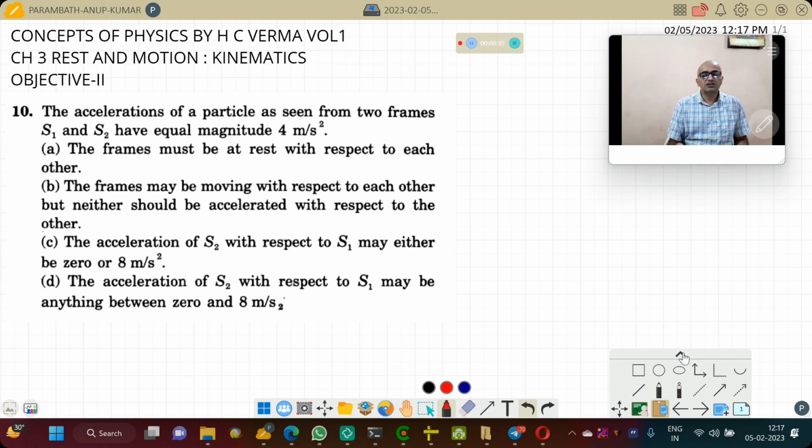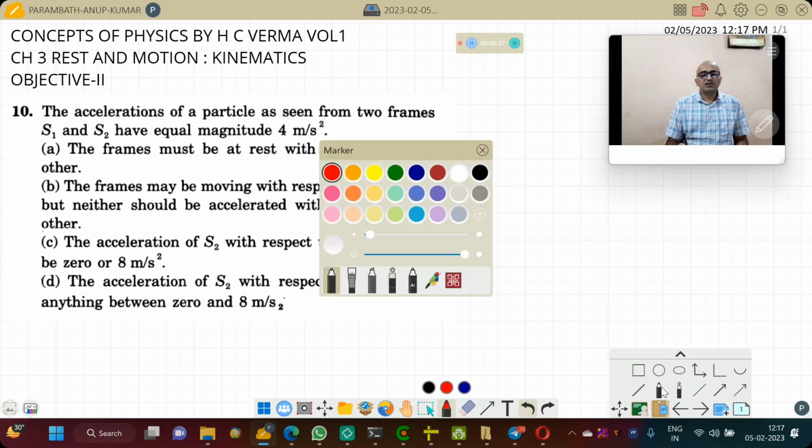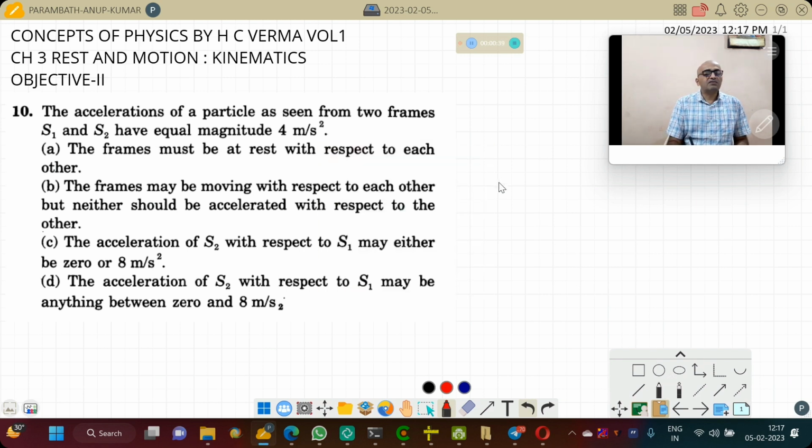So students, first of all, we have to understand that whether this particle is at rest or moving is not mentioned. Whether it itself is having acceleration also is not mentioned.